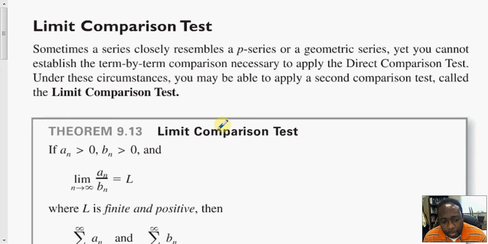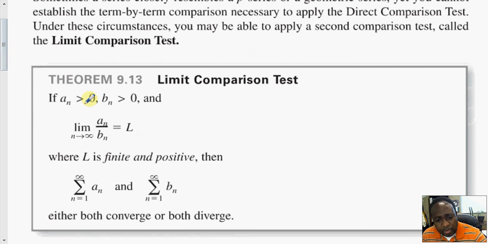So you compare two series, summation of a sub n and summation of b sub n, where the sequences are both positive. If the limit of the ratio of the sequence values is some number, and that number is finite and positive, then whatever happens to one series happens to the other.